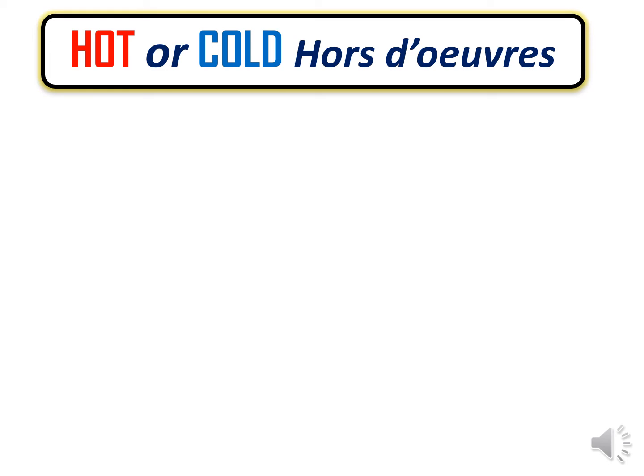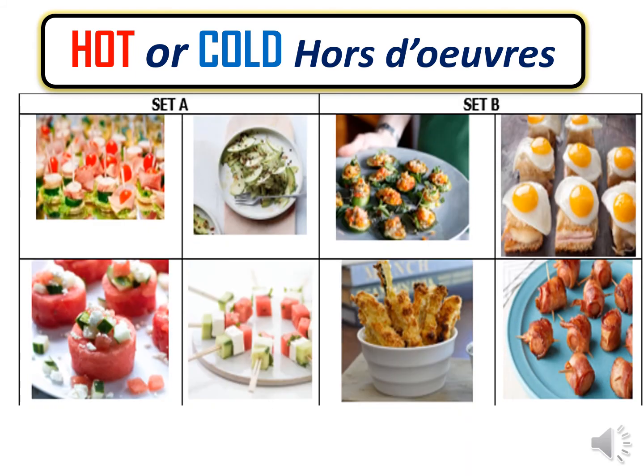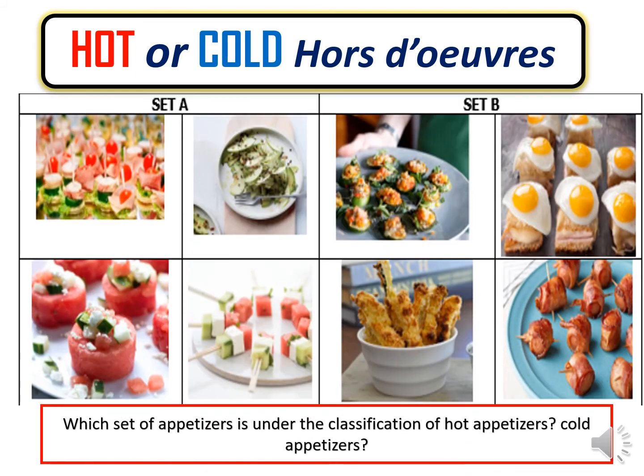Appetizers can also be classified depending on their serving temperatures. So students, please analyze the following images. Which set of appetizers is under the classification of hot appetizers and cold appetizers? Okay, kindly decide.